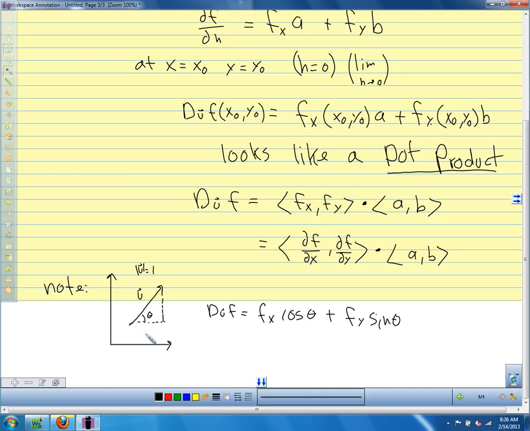Because this side of my unit vector is cosine theta, and that side is sine theta. So sometimes your unit vector will be defined in terms of this angle. The direction that you're traveling makes an angle theta with the positive x-axis, and then our derivative turns into this expression. So just a quick aside.